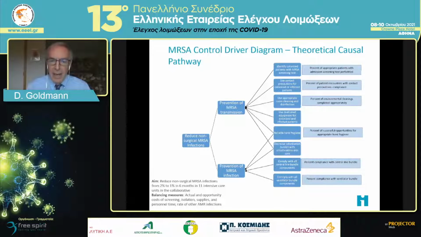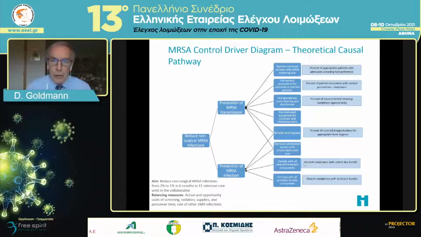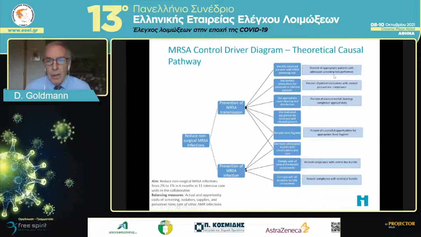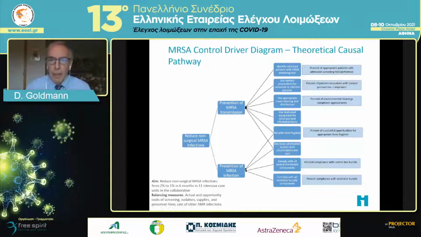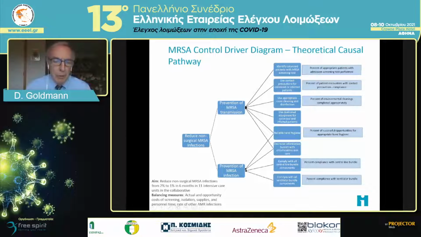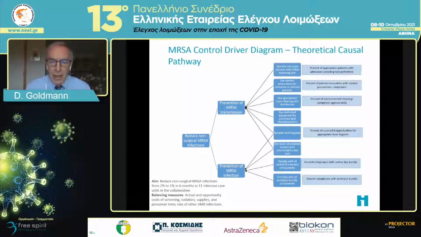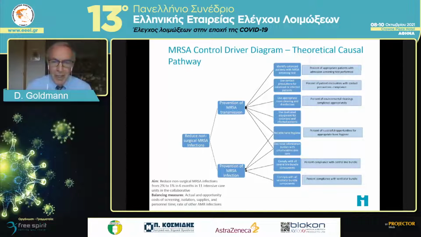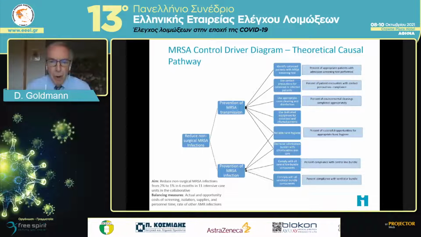That's the key. I haven't made the slide so complicated by putting on all of the measures, but what is the percentage of patients who are being appropriately screened for MRSA? What's the percentage of times that people perform hand hygiene? I know you're very keen on the WHO 5 moments.